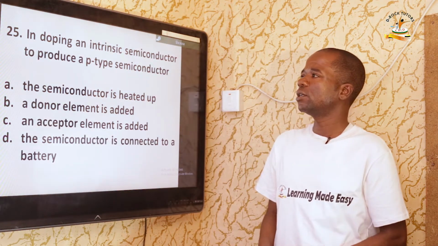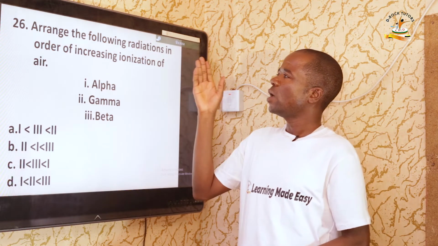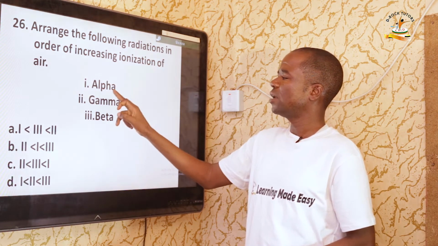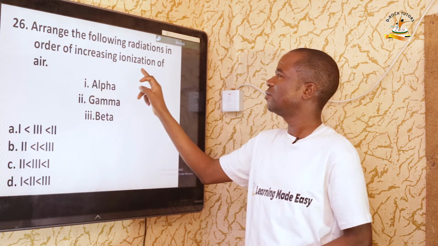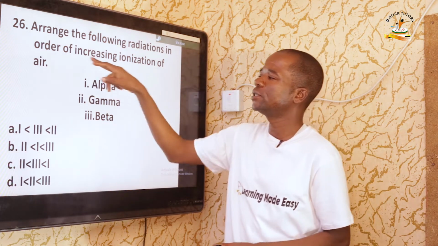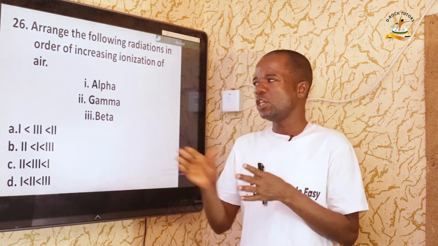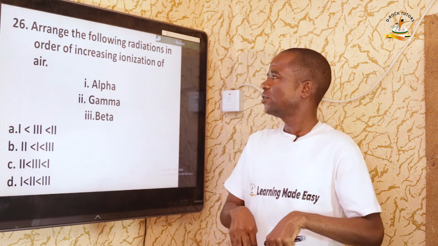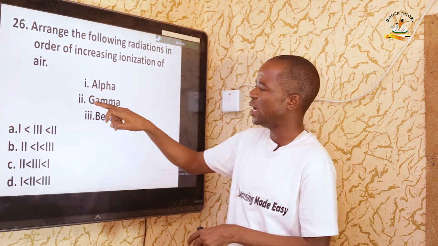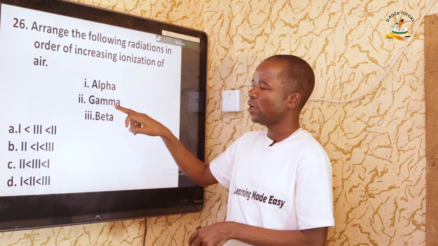Let's go to number 26. We are to arrange the following radiations, alpha, gamma, and beta, in order of increasing ionization energy. Remember, increasing. So we are supposed to start with the radiation that has the lowest ionization energy. We know that gamma has the lowest ionization energy.